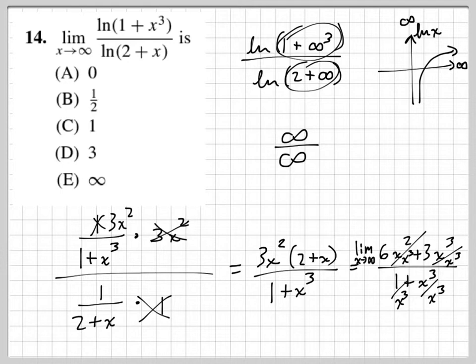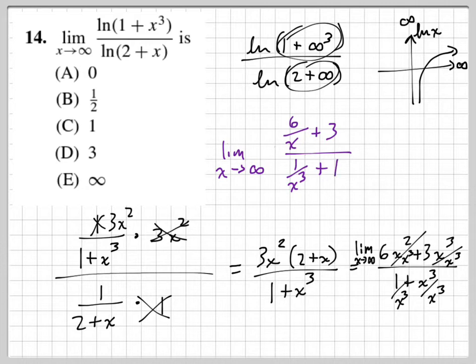All right, so I got the limit as x approaches infinity, and this is my new manipulated inside. We have 6 divided by x plus 3. And then we have 1 divided by x to the third plus 1.